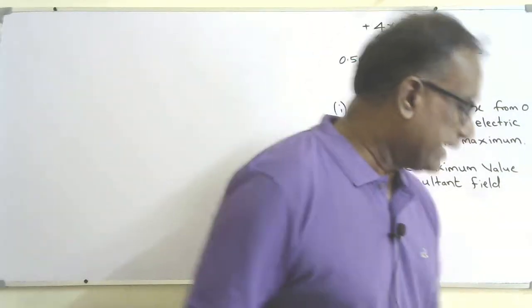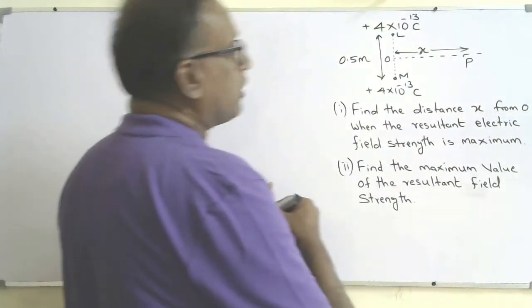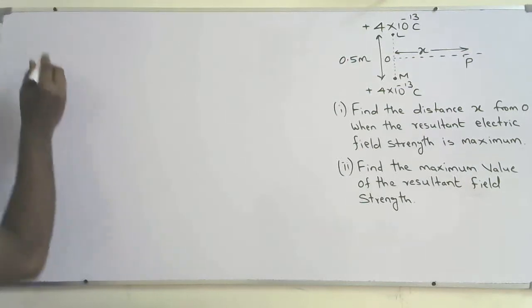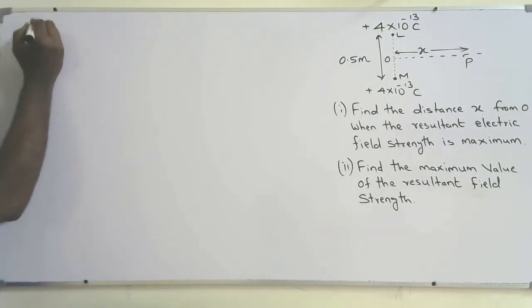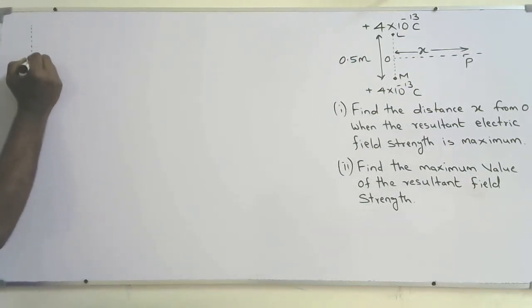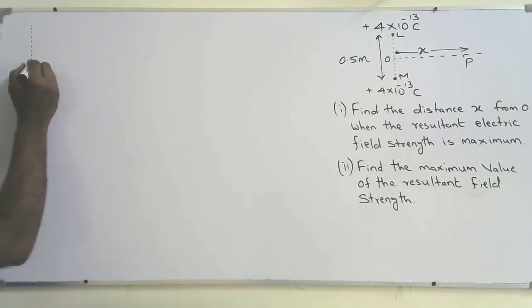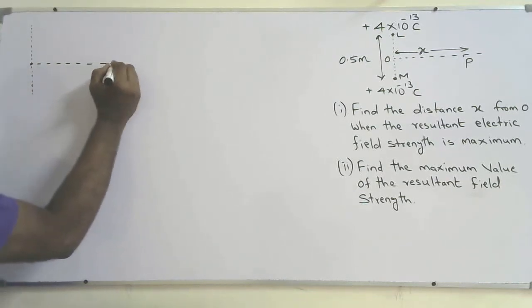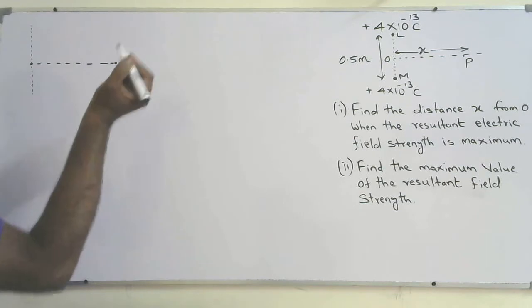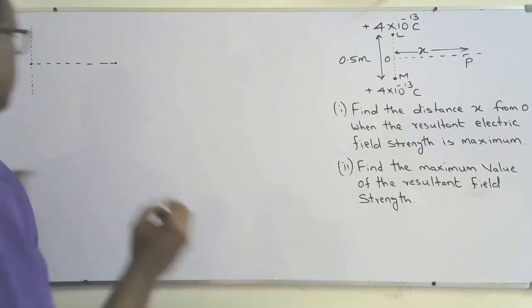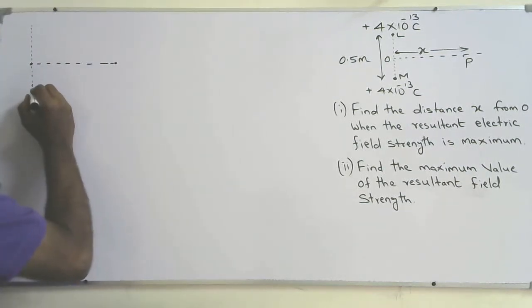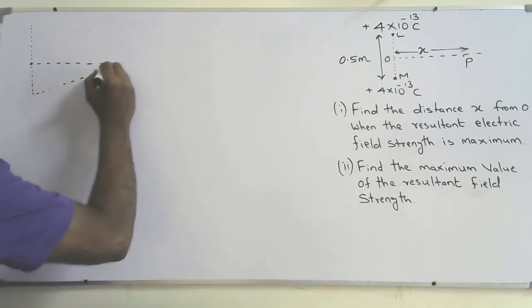I can say it like this. If I draw the diagram again, this is O. At point P, I take an arbitrary point. How do we find the direction of the electric field strength?